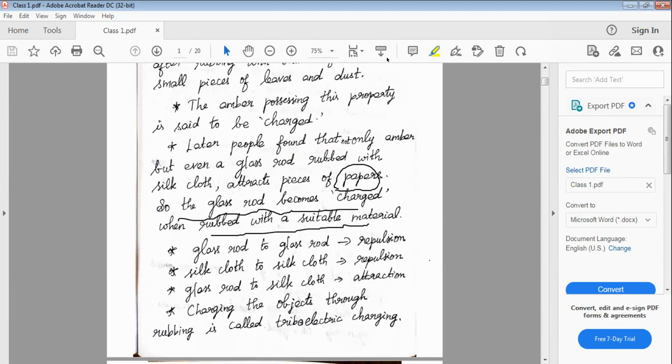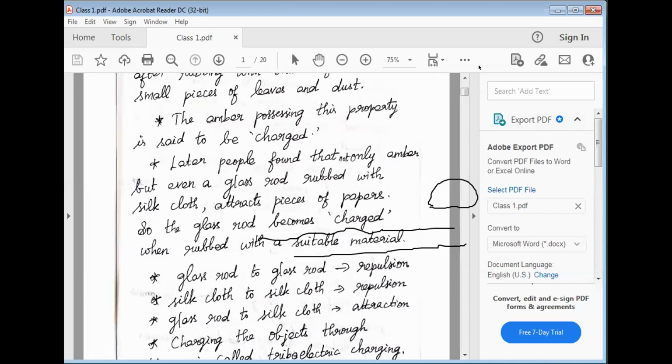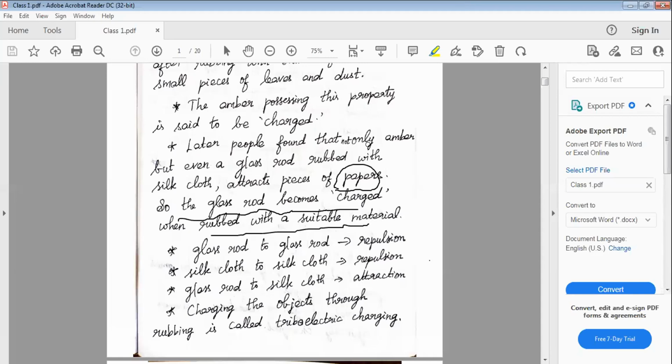When they rubbed the glass rod with a silk cloth, they found that the glass rod also got the ability to attract pieces of paper.